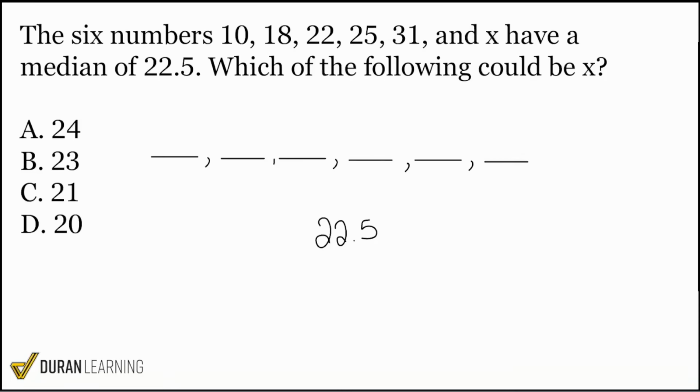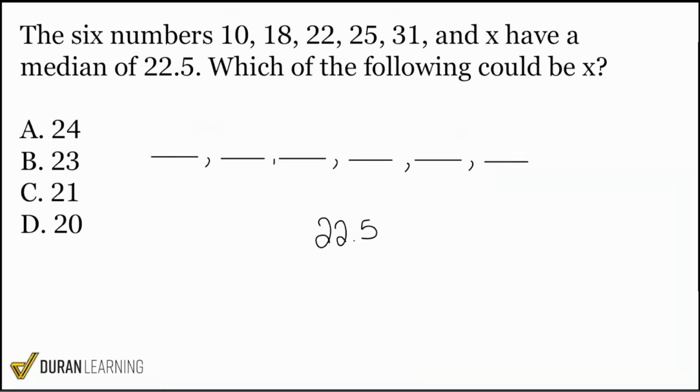So think about how that's going to be calculated with 6 numbers, an even number of numbers, everybody. If this was an odd number like 3, it would be in the middle right there. If it was an odd number like 5, again, it would be in the middle. But we don't have 3 or 5 or 7. We have 6, an even amount.